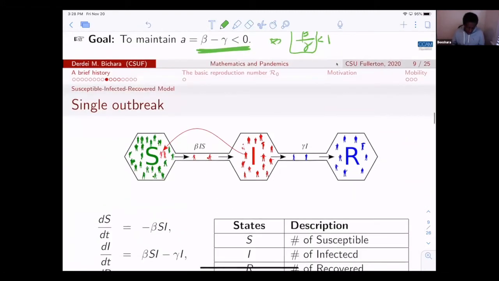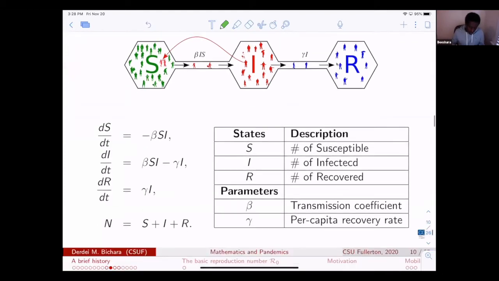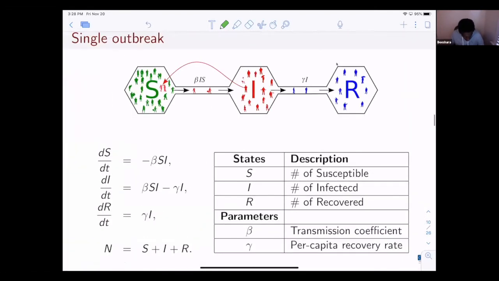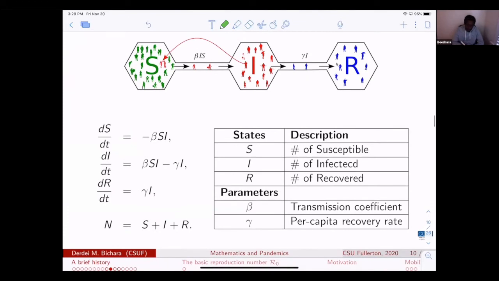Now there's another system called the SIR model, which is exactly like the previous one, but instead of recovering and becoming susceptible again, you become completely immunized. Once you recover, you will not get affected again. So now we have exactly the same, but with a 3-equation system. Again, this is actually the original model by Kermack and McKendrick.